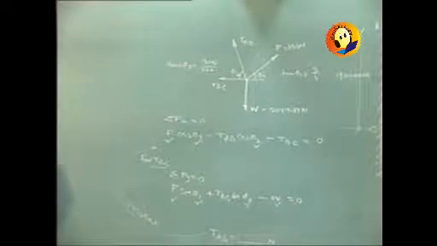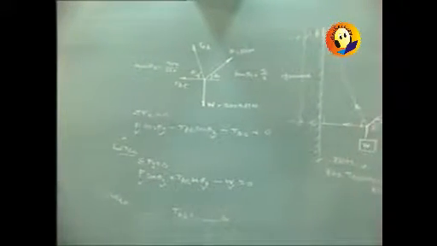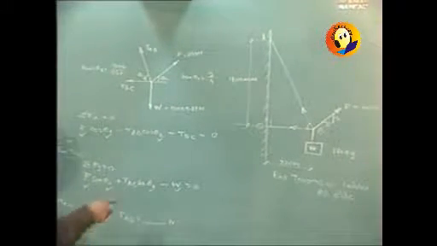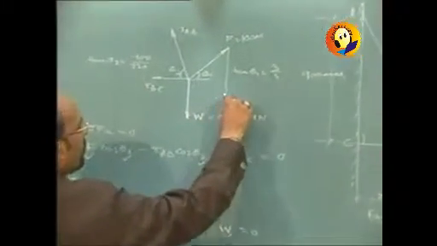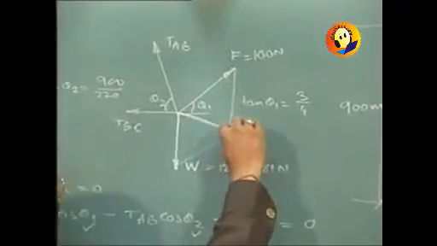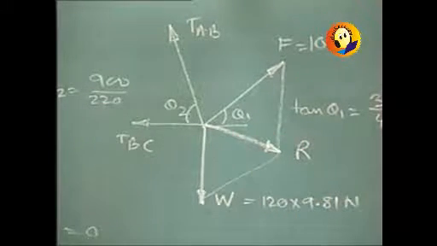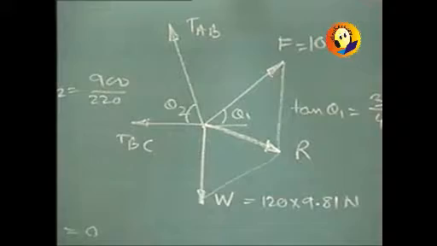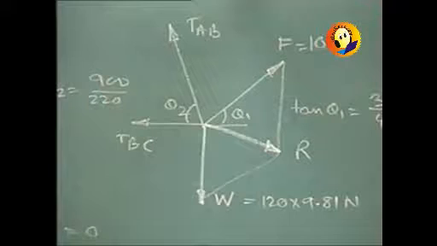If at all this problem is to be converted to Lami's theorem, then it is possible, because then we can have the parallelogram completed over here and find out the resultant of F and W, which can be very well done, because the two given forces F and W, their resultant can be found out, and then using TAB, TBC and R, the problem can be solved by using Lami's theorem.